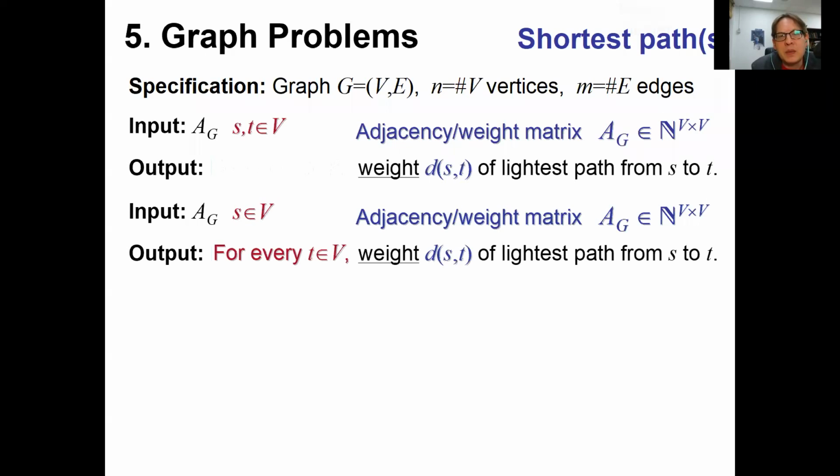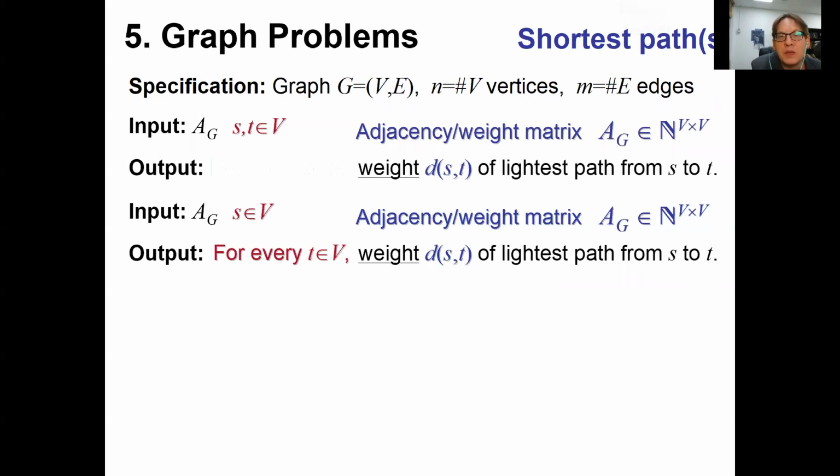The next variant that we consider is where there's one start vertex S given, and we're interested in the weights of the lightest path to every other vertex. So not just one weight, but many weights are the output of this second problem. The difference is that there may be, and actually it will turn out to be, a more efficient algorithm for the second problem than simply repeating the algorithm for the first problem.